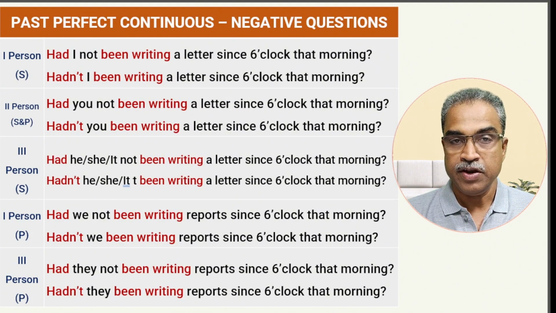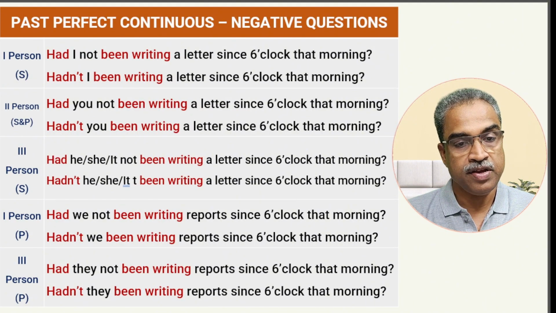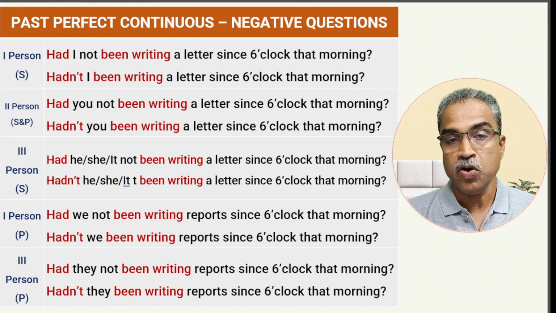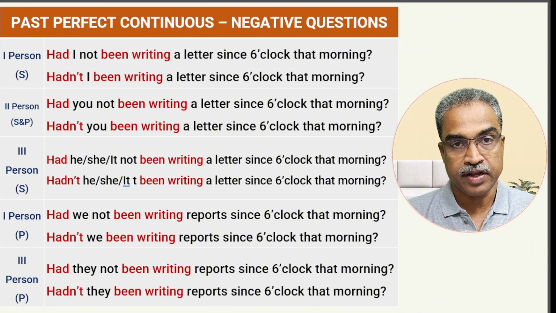So, had I not been writing? Hadn't I been writing? Similarly, second person you. Whenever you use the subject you, it will be you had not been writing. That was a statement. Now you had becomes had you not been writing? Hadn't you been writing? The format is the same as we learned in our previous videos about other tenses.